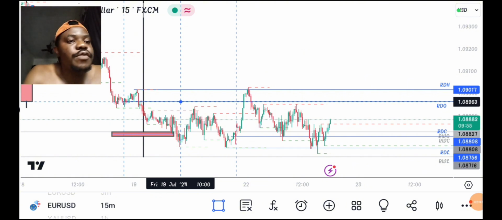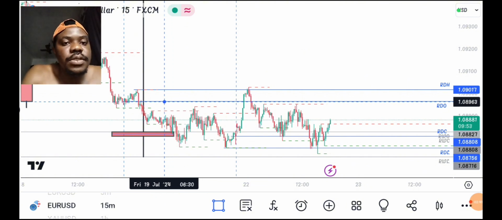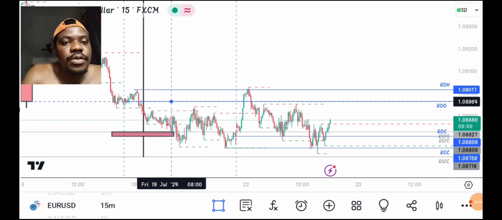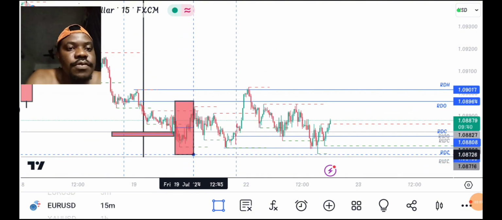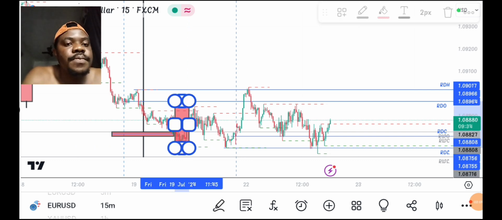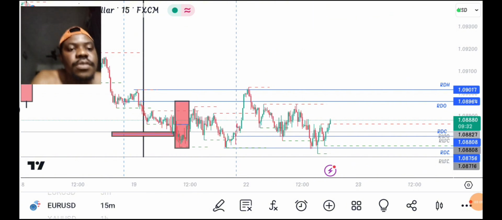You draw from your recent daily open to your recent daily close. Make sure it's rectangle in shape, so it should look like a candlestick. Okay, I think that one's nice enough.